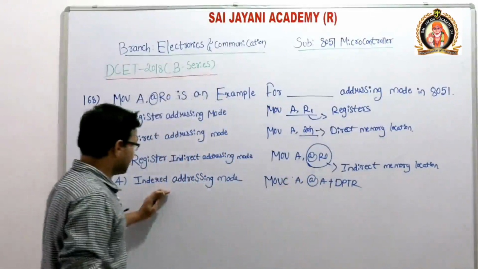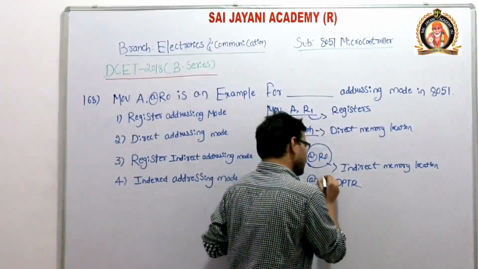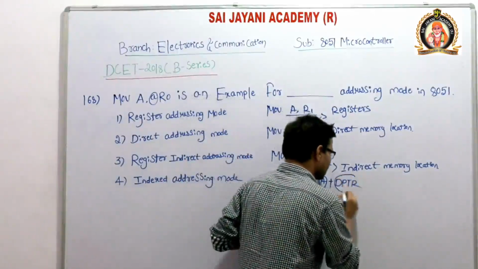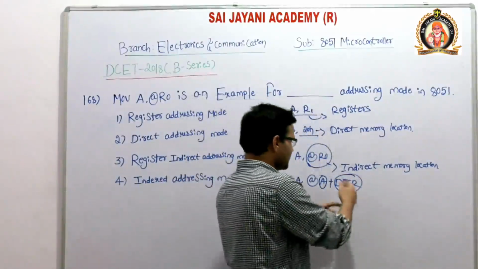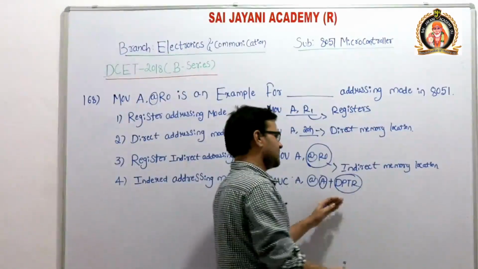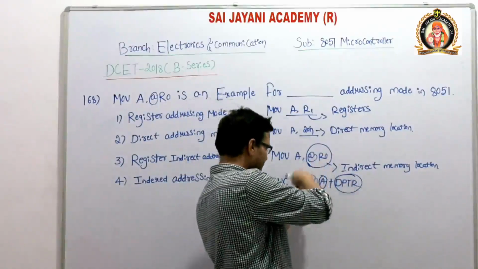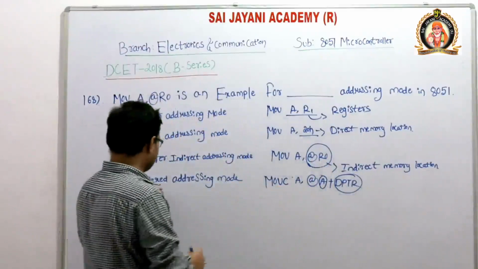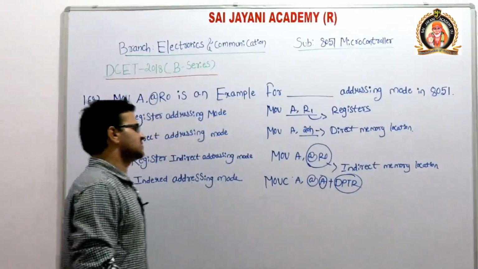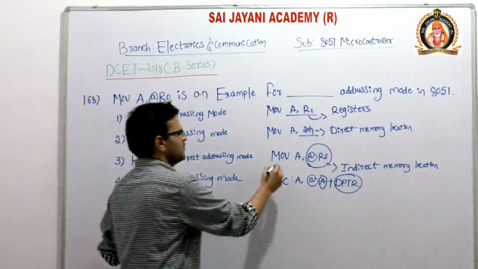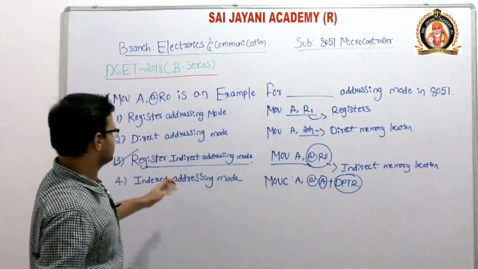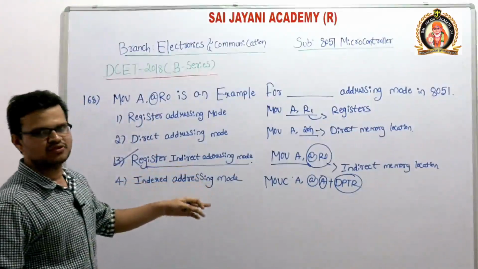That means we first add the A register, which is 8-bit, and the DPTR register, which is 16-bit, and the value present at that memory location is copied into the accumulator. So in indexed addressing mode, at the source operand we use two registers. From this we conclude that the third option is the right option, because it is register indirect addressing mode.